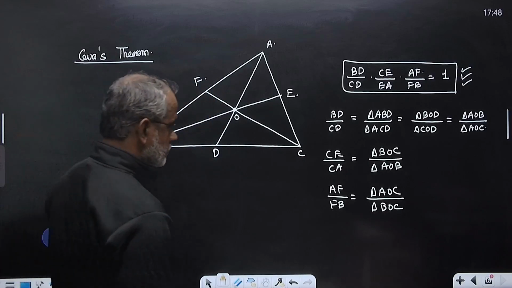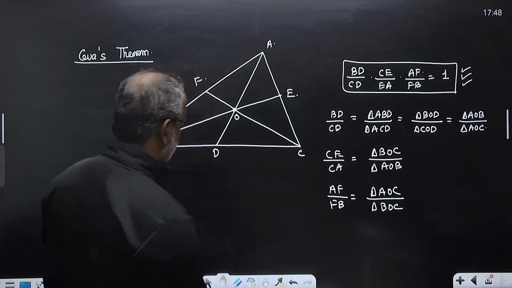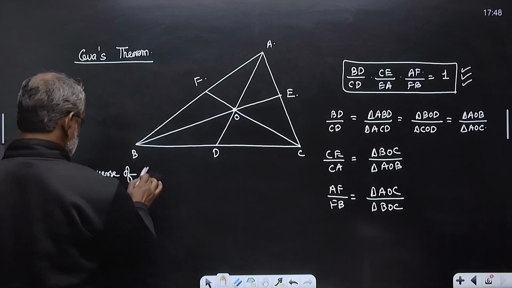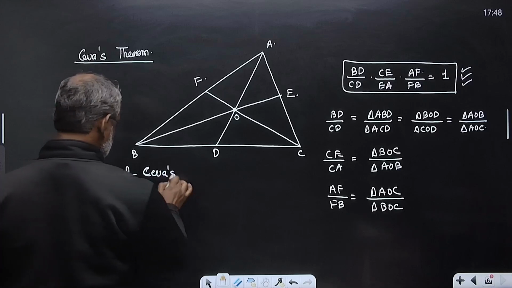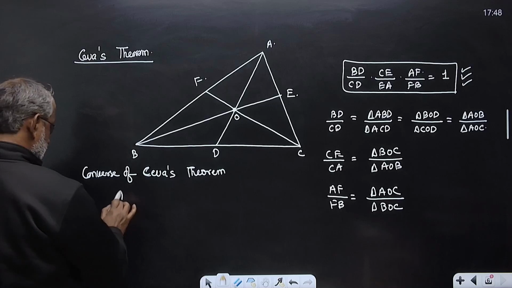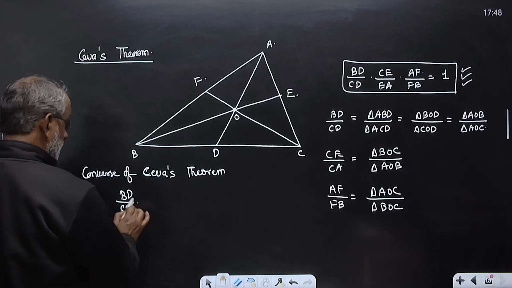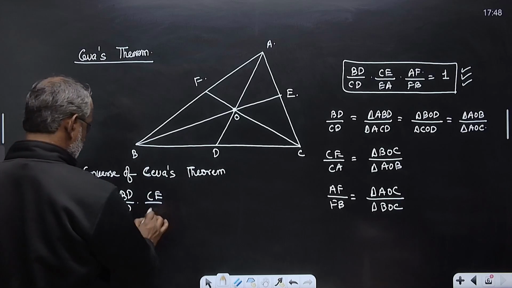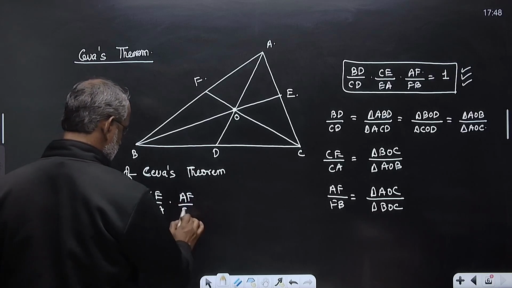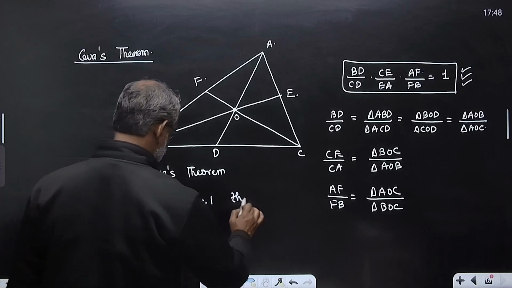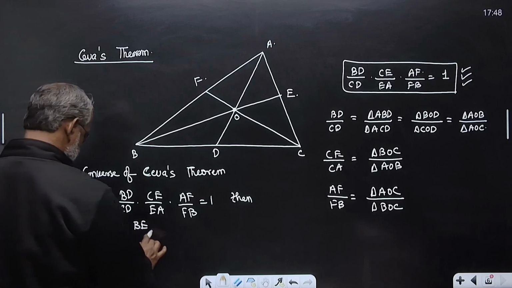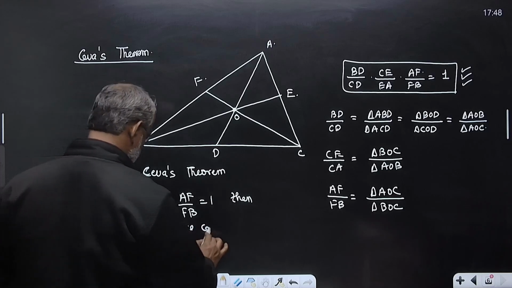Now, the converse of the theorem is that if BD by CD into CE by EA into AF by FB is 1, then AD, BE, CF are concurrent.